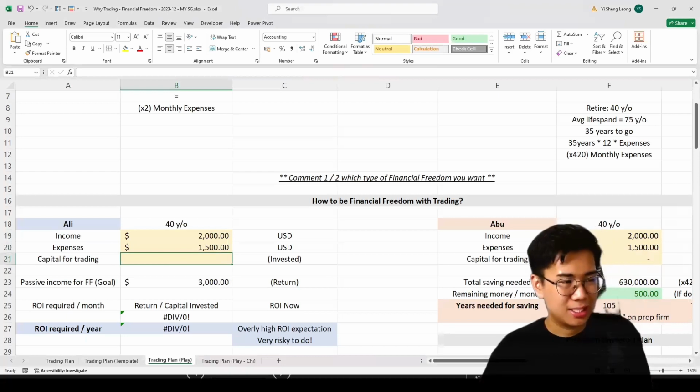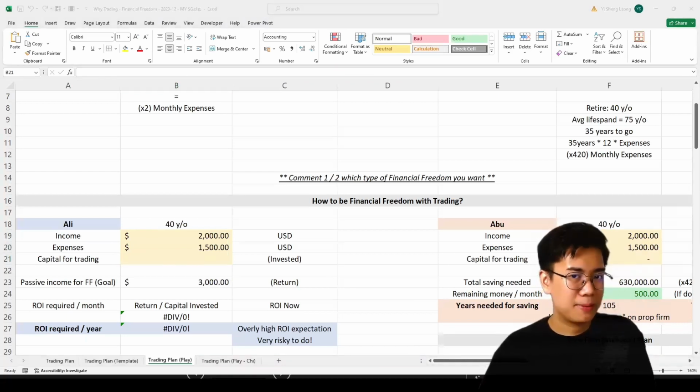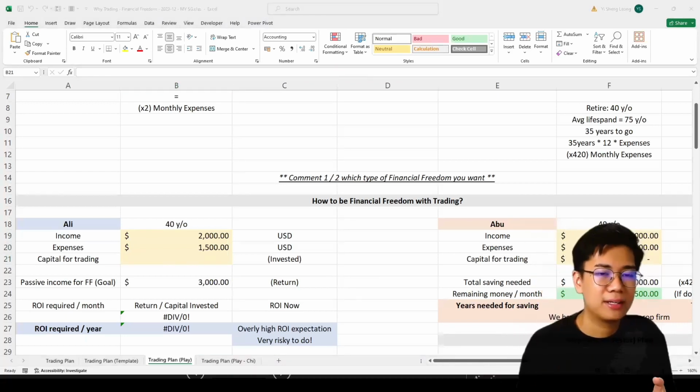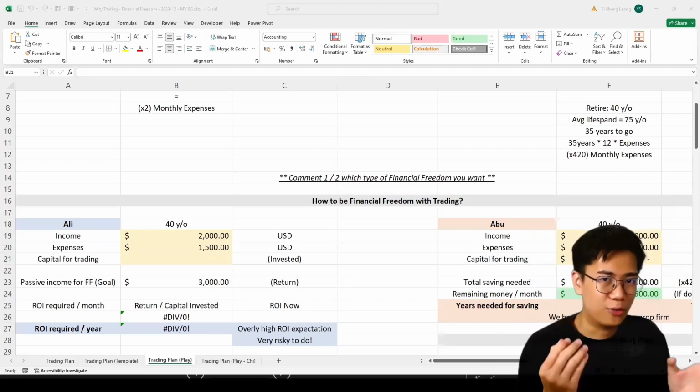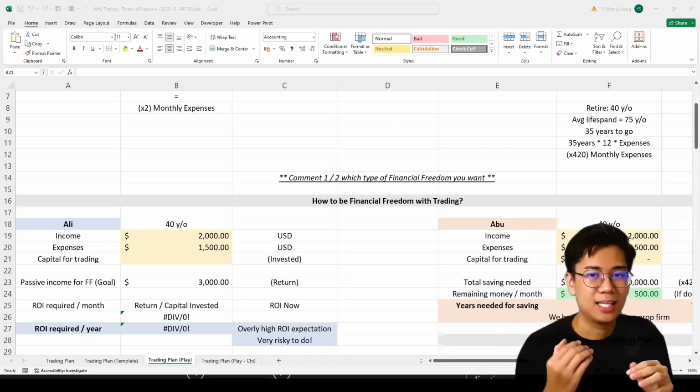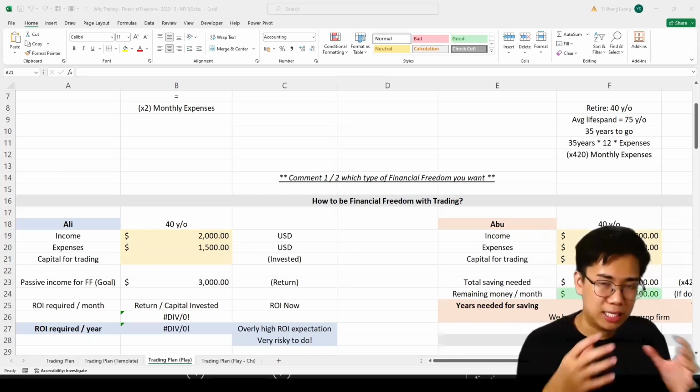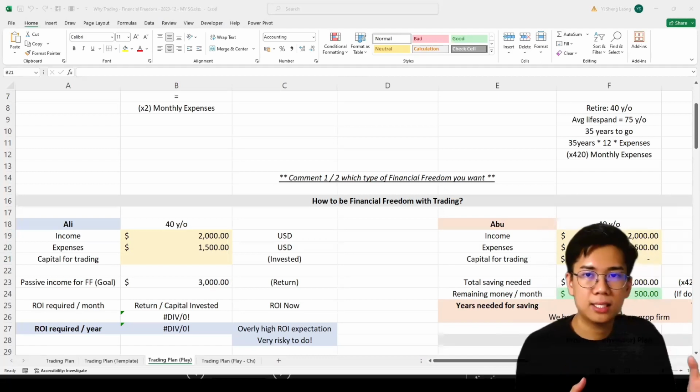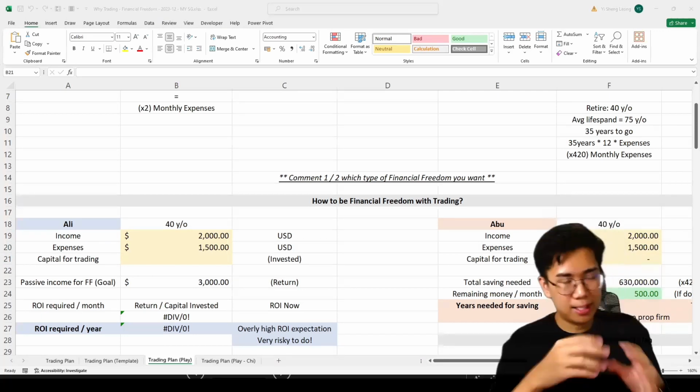Now, next question. How much capital will you have if you would like to trade? Let's say at the age of 40, how much of the money you have saved can you literally take for trading? It's money that you can afford to lose.